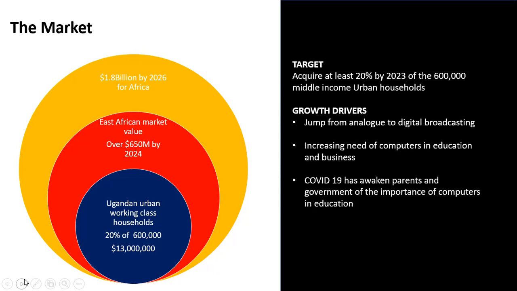So if we had 100% of this market, that would be the value. If I intend to get 20%, that means 20% of that amount of money is the revenue I'll be generating by that year.